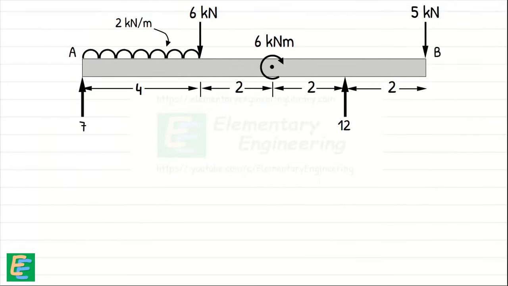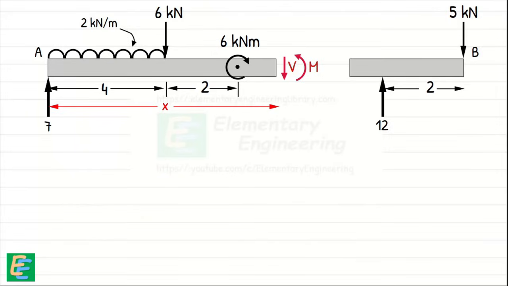Next, we encounter the concentrated moment 6 kilonewton meter at x equal to 6 meter. We make another cut just after this. At this location, the shear force does not change suddenly because a moment does not produce any net vertical force.